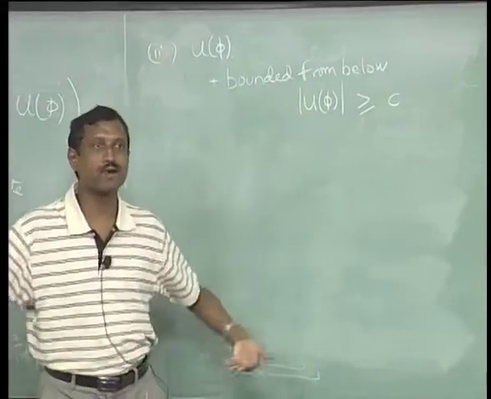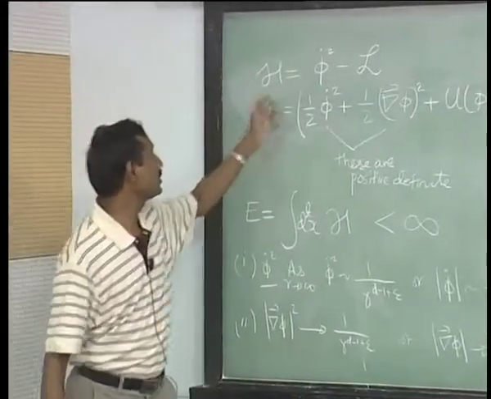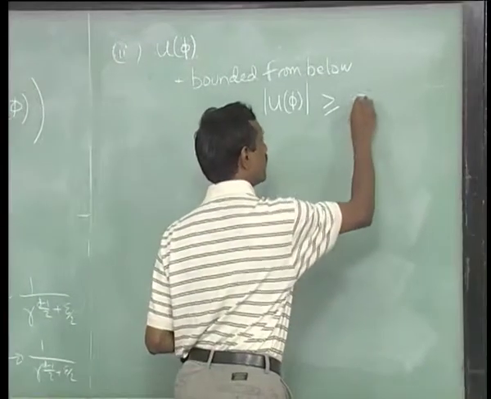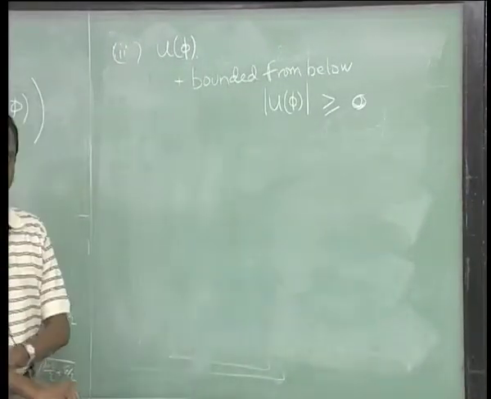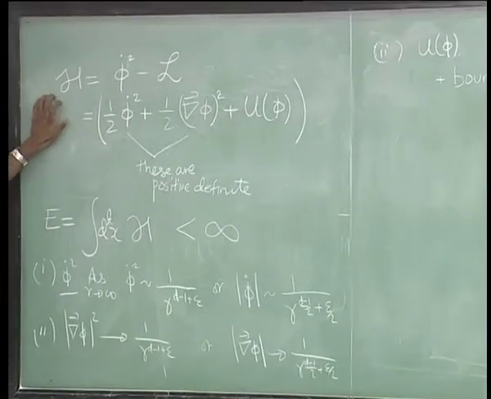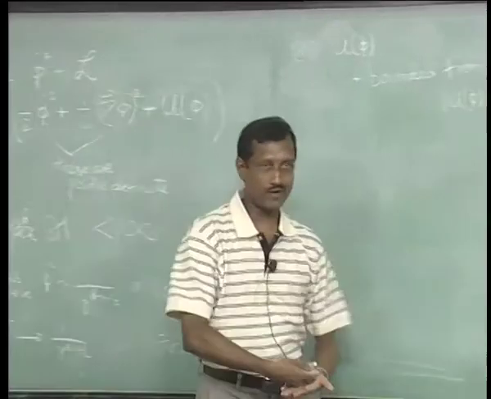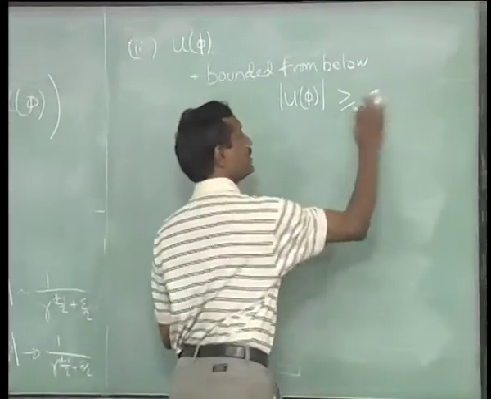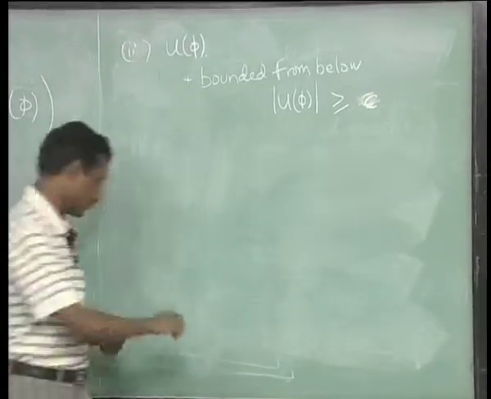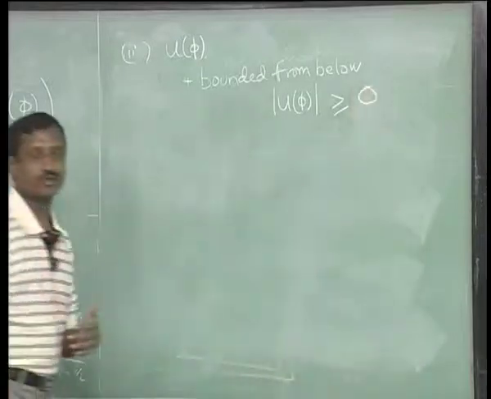No, it is bounded from the bottom, okay. I want the energy density bounded from below, so I will say greater than or equal to 0. If I put a negative number, I want my energy to be positive definite, so I can adjust. My point here is, suppose it were some constant, I can always add or subtract some constants to make this 0, if it is bounded from below.